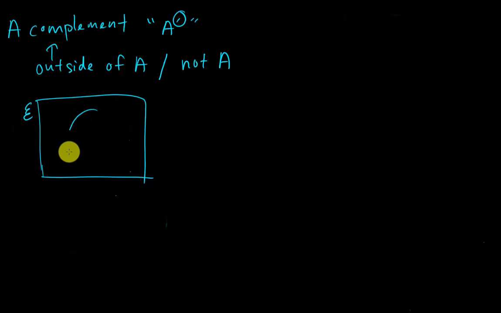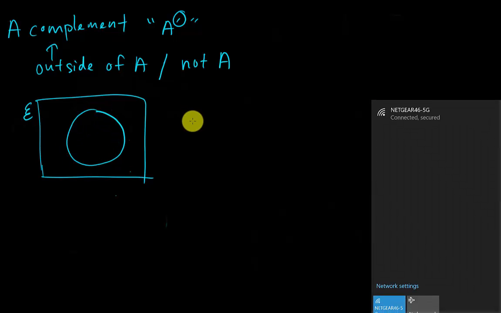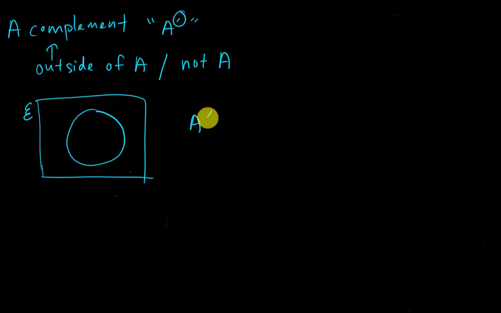If this is A, I want to do the A complement. I will use purple color for A complement. It means everything outside of A. This is what we call A complement. So let me erase this one.